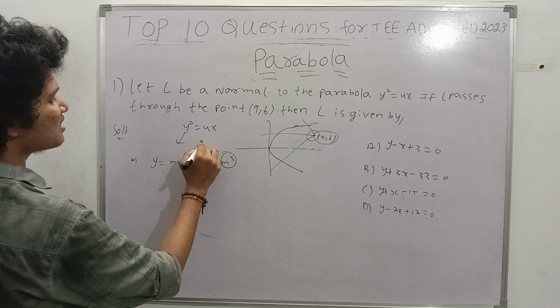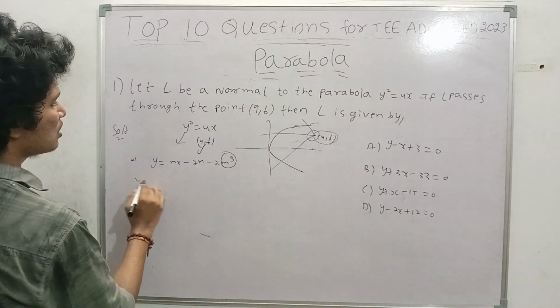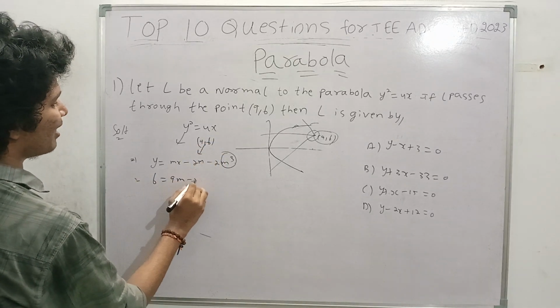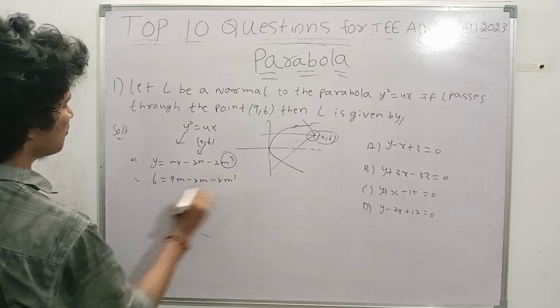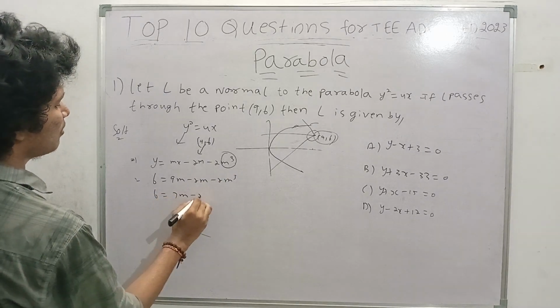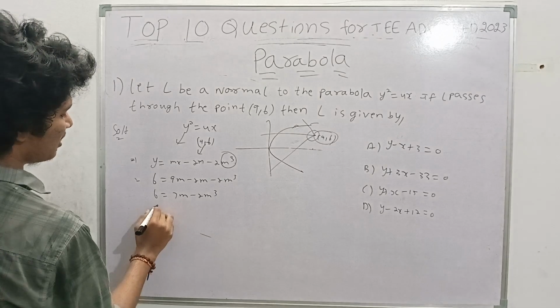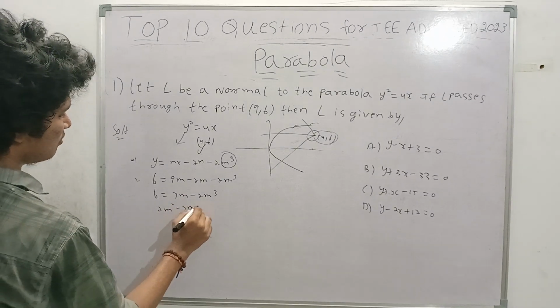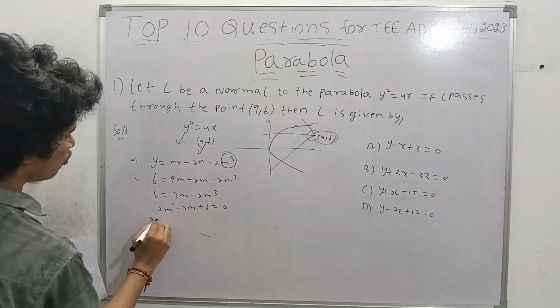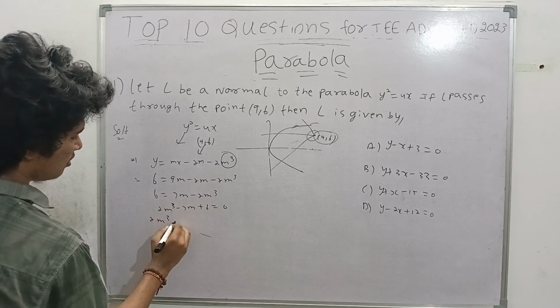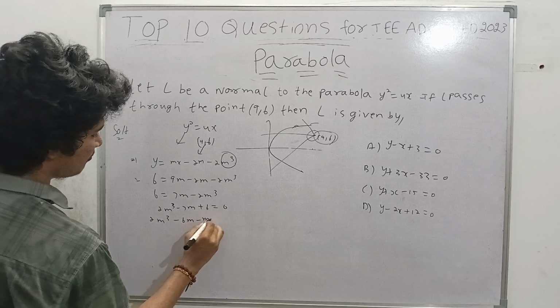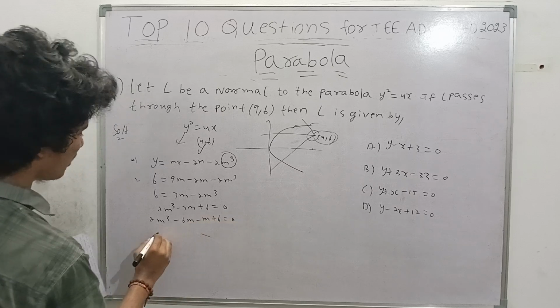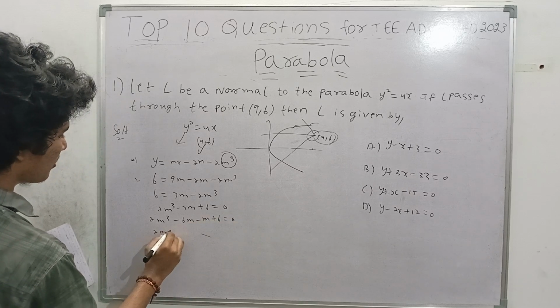So at the given point 9, 6, which is the passing point, I can substitute here. So it will be 6 equal to 9m minus 2m minus 2m cube. So 6 equal to 7m minus 2m cube. So it will be 2m cube minus 7m plus 6 equal to 0.